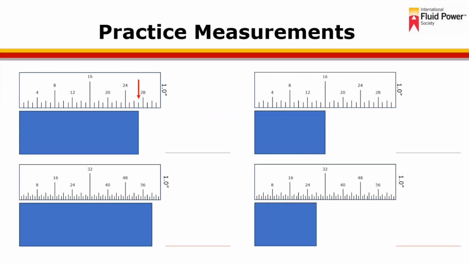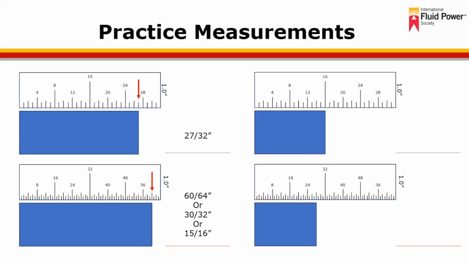For number 1, or the top left, we see that the part measures to the 27th line, which would be measured as 27/32. For number 2, the bottom left, we see that the part measures to the 60th line, which would be measured as 60/64, or could be reduced to 30/32, or 15/16 if we are using reduced fractions.